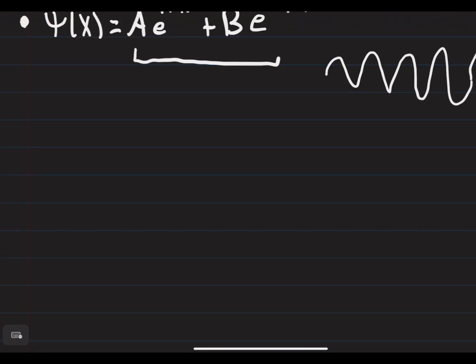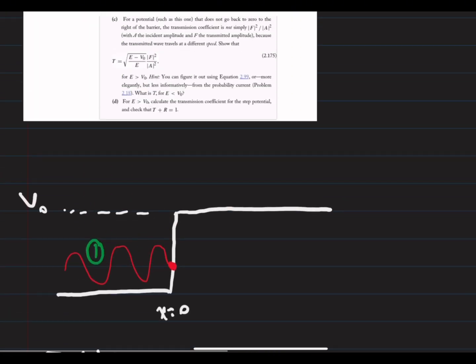and everything beyond that. So now we want to say, well, what happens when x is greater than 0? Now classically, if your energy level, let's say it's here, is less than that potential step, then you wouldn't even have the particle over here in this second area.